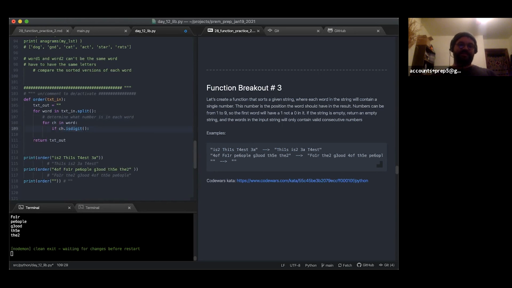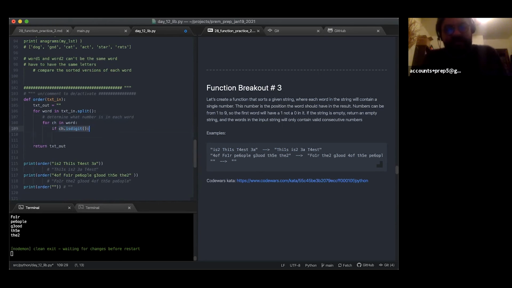So this is a condition sufficient on its own. Remember, a condition is any expression in Python that evaluates to true or false. So ch.isdigit gives me true or false back, so I can use it in my condition. And then let's just print ch to verify that.